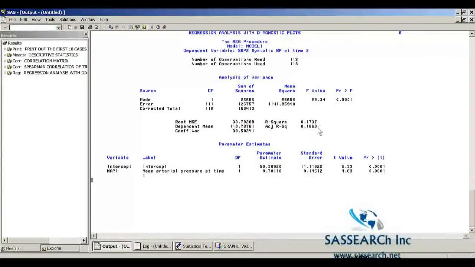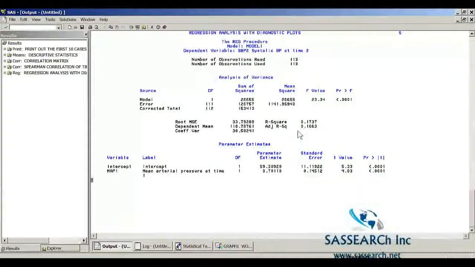There's also an adjusted R-square, and that's not that important when we're doing a simple linear regression. An adjusted R-square is more helpful when we're looking at a number of predictors in the model, when we're doing multiple regression. Basically, the adjusted R-square imposes a penalty for having redundant or unnecessary independent variables.